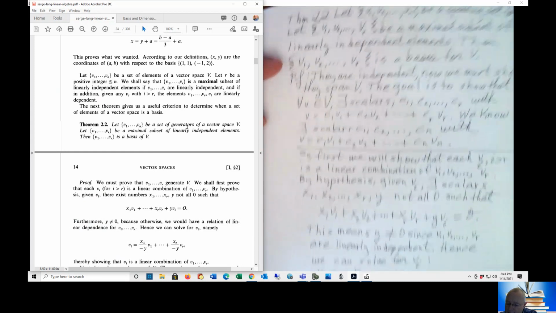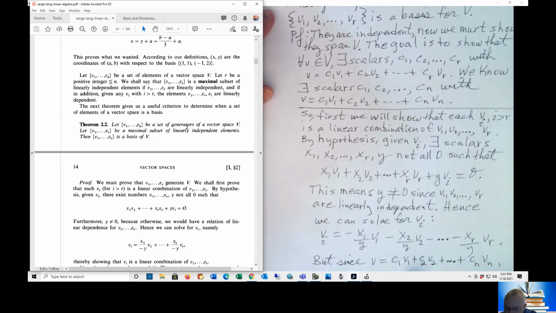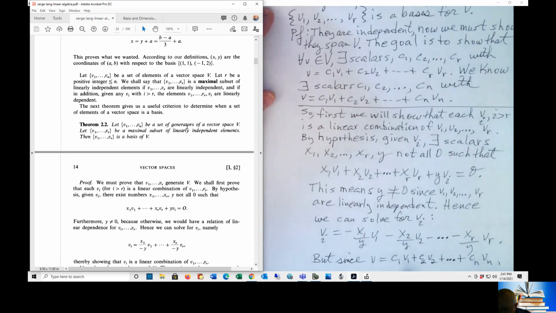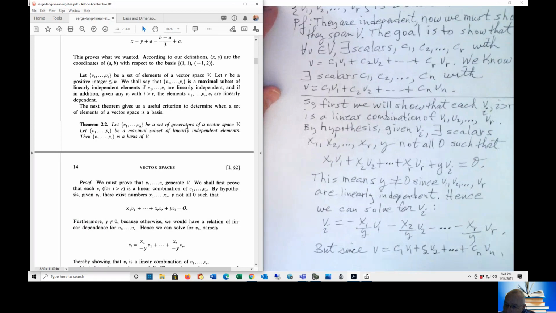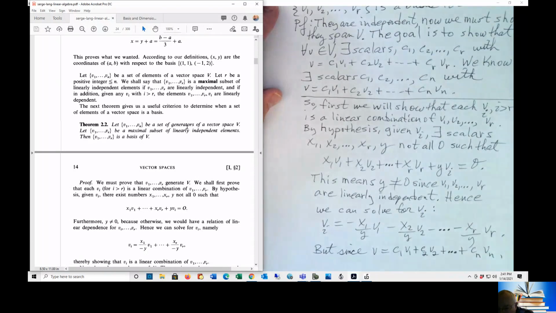Now, since the vi's from 1 to r are linearly independent, that means that the scalar y cannot be 0. If the scalar y were 0, then that would contradict our hypothesis that v1 through vr are linearly independent. See, if y were 0, then one of the other x sub i's would have to not be 0, making our v1 to vr linearly dependent.